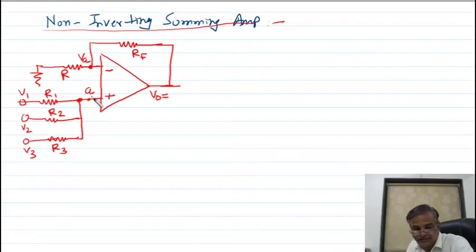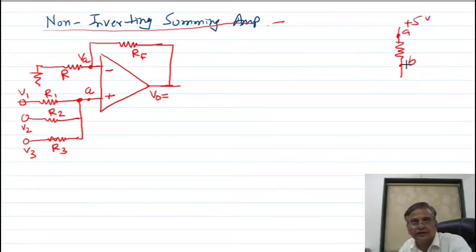If you do not understand, I will take a simple example. Look here. This is plus 5 volt. This is your A point. This is your B point. So the potential drop between VA and VB, if I say it tends to 0, what does it mean? 5 minus VB is equal to 0.